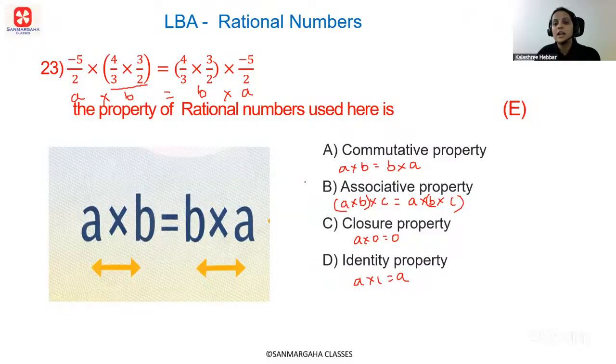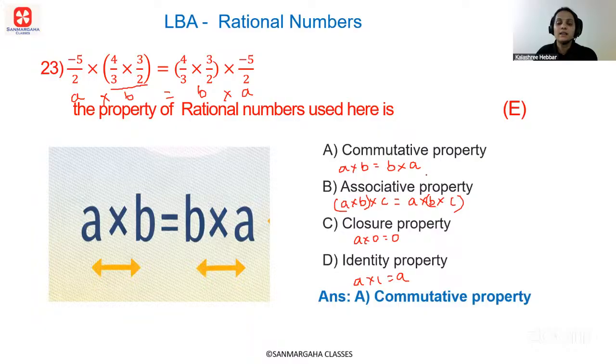That is the commutative property. The given number belongs to commutative property. So the correct answer is option A, that is commutative property. Thank you.